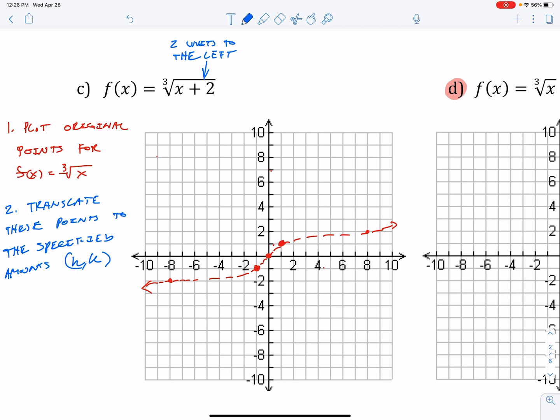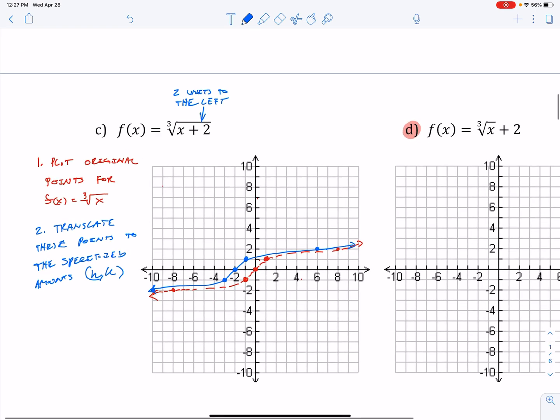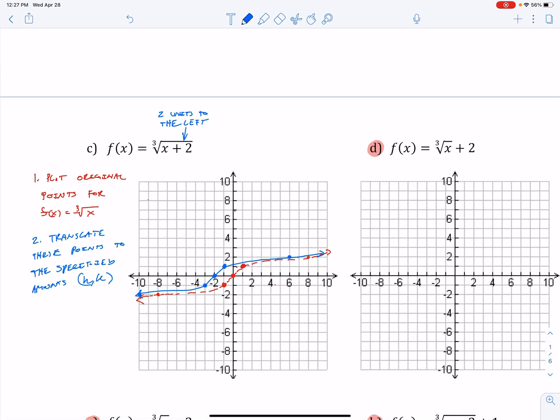It's very, very easy. So 1, 2, there's that point. 1, 2, there's that point. And now we have our new cubed root function that has been translated. And so that's it. If you could do that, you're pretty much golden.